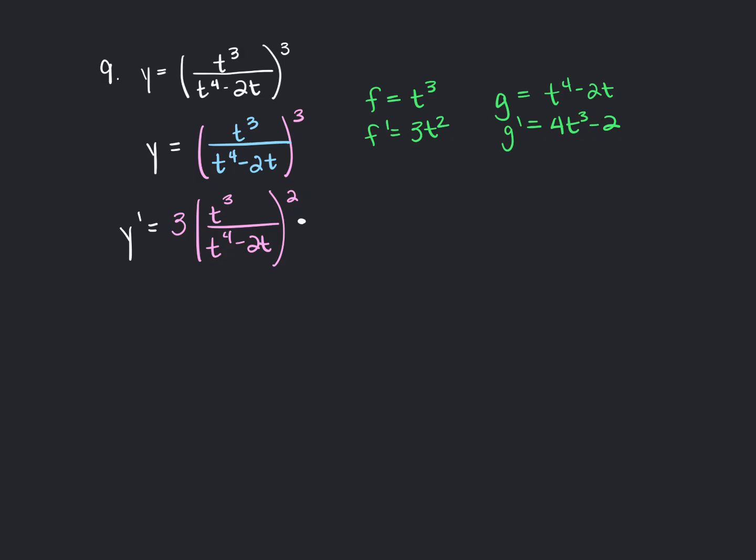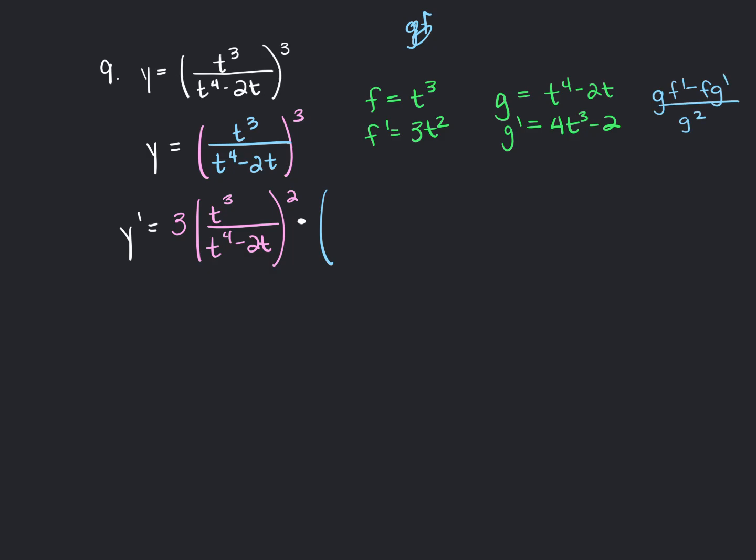Now we're going to multiply that by the derivative of the inside, which is a quotient rule. Okay, and remember on the quotient rule we have low d high minus high d low over low low.